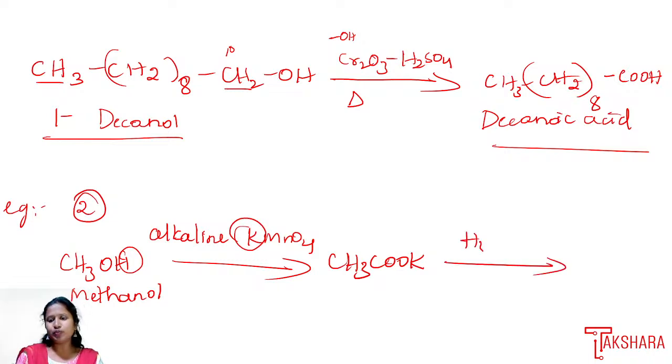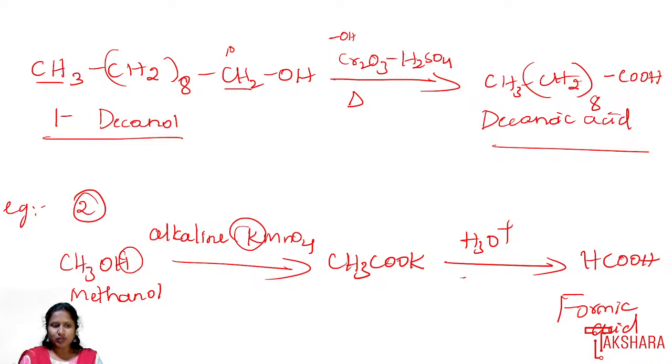Again it undergoes protonation with H3O plus, and the product HCOOH is formed. Here the removal of K again takes place, so we are getting formic acid as the product. This is one method to prepare carboxylic acid by using alcohol.